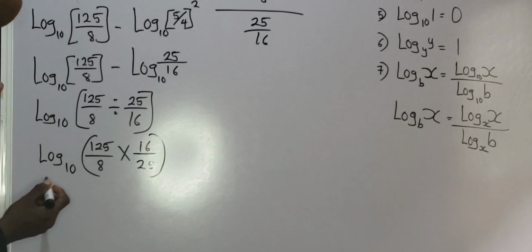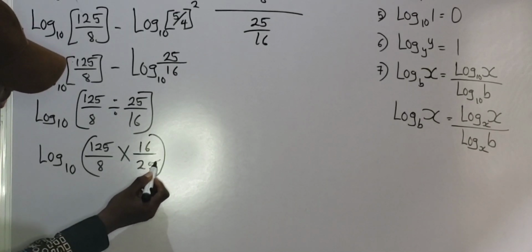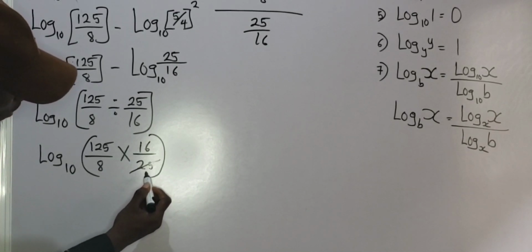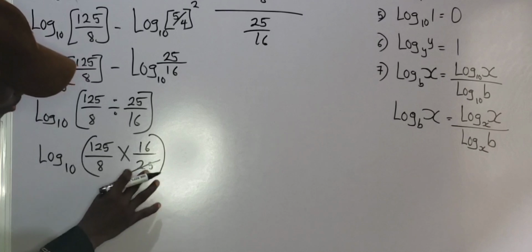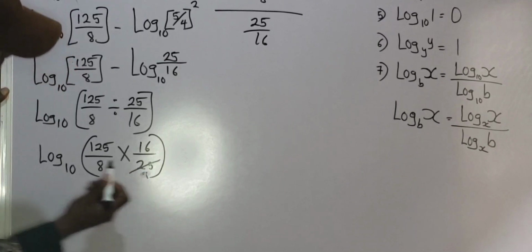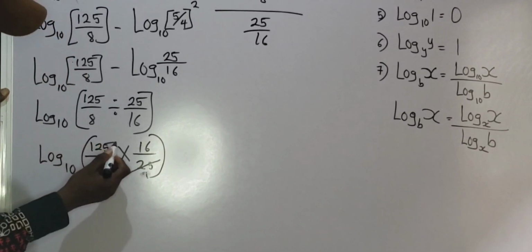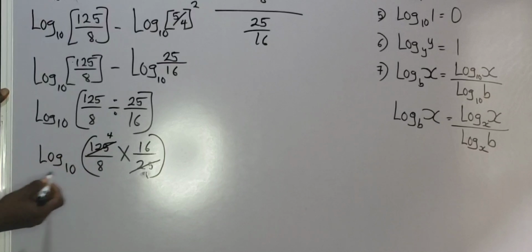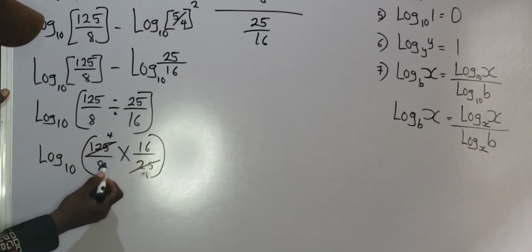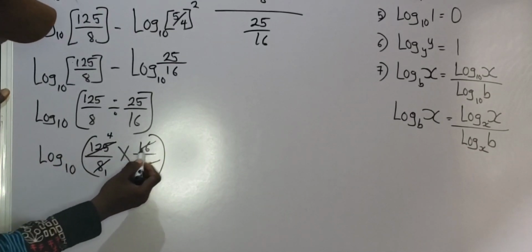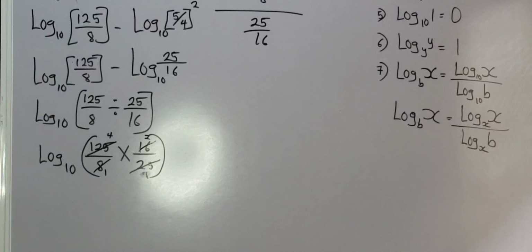Okay, so let's reduce. We can reduce 25 and 125 by 25, that is 1 and 5. And 8 and 16, we can reduce this: this is 1 and this is 2.